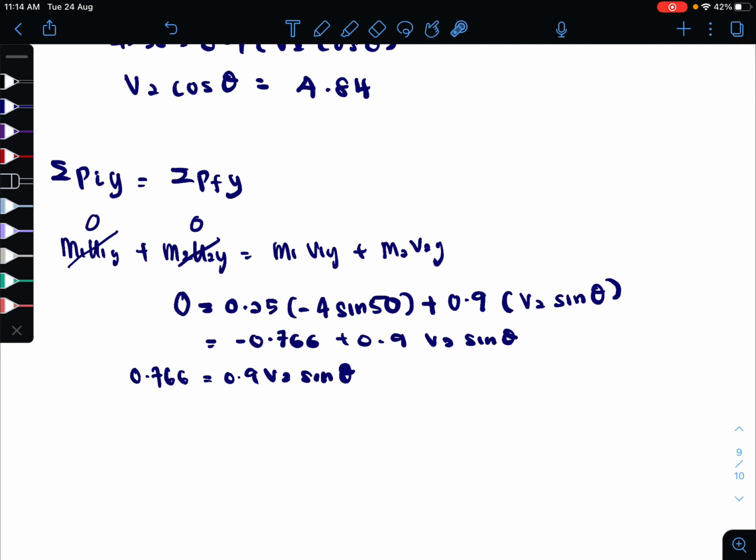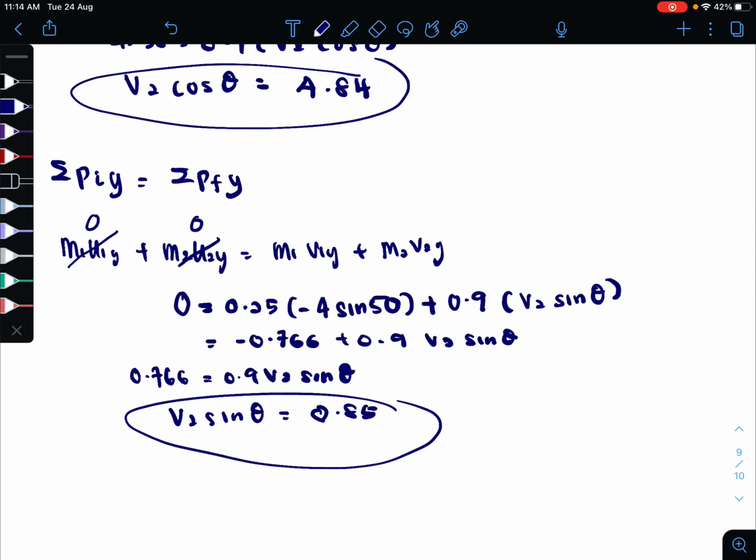And then I'm going to bring my 0.9 here. I'm going to divide 0.766 divide with 0.9. You should end up with V2 sin theta as 0.85. Alright, so you have got your V2 cos theta and V2 sin theta.